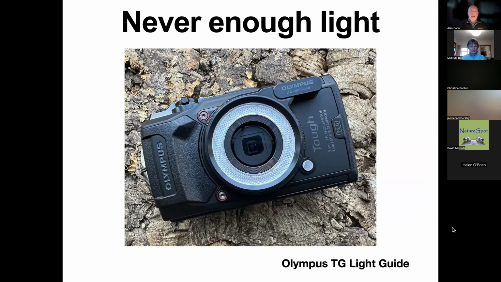Now, there is a problem, and that is that there is never enough light, as I've said. So what these cameras have is they've got on the front a little LED just up here. And what you can buy is this little piece of plastic, which is ridiculously expensive for what it is, but it fits on the front of the camera.